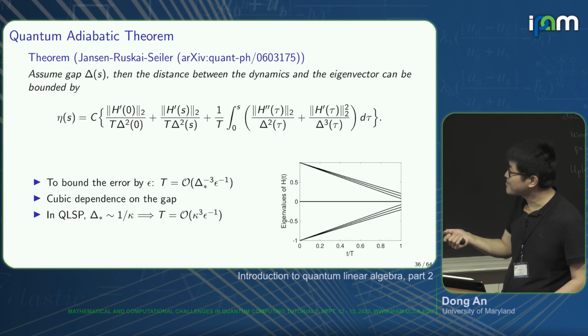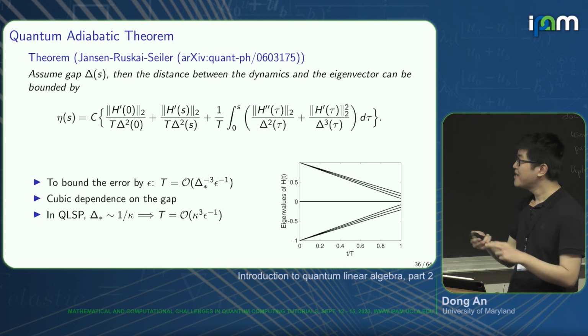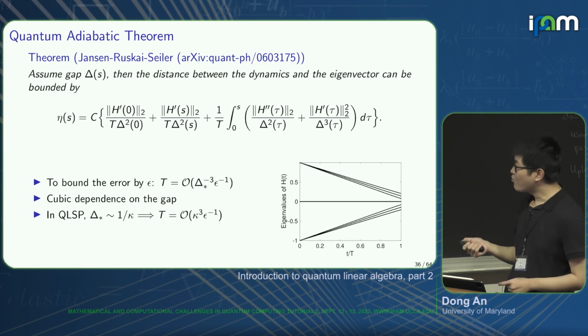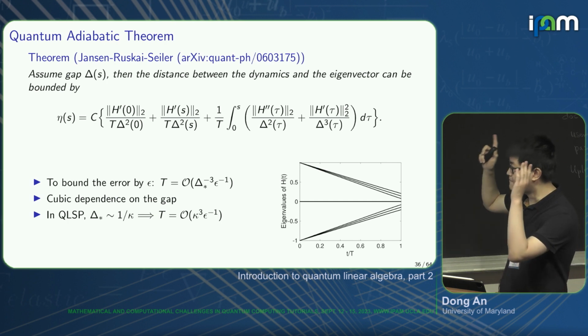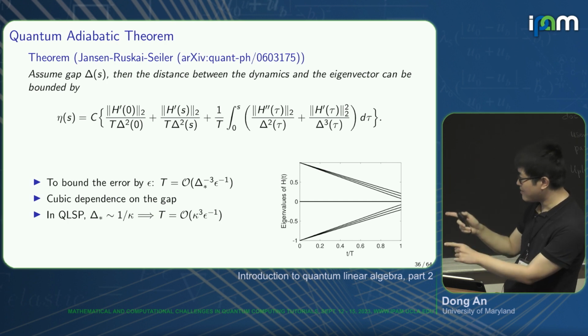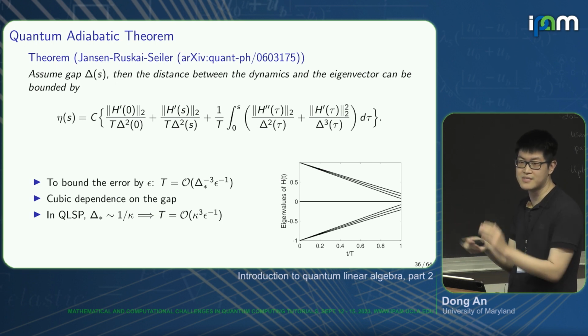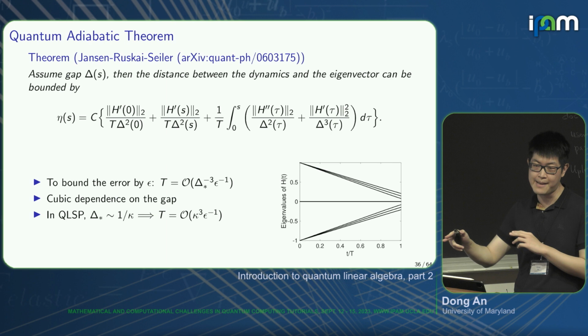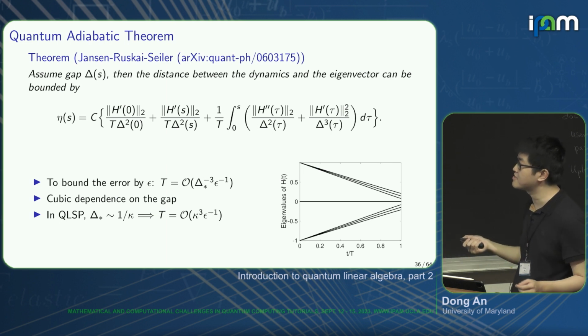On the numerator, we have the derivative of my Hamiltonian H, which means that when the gap is small, if I slow down my Hamiltonian, that is, make the derivative of my Hamiltonian smaller at the point where the gap is very small, then probably I can cancel some gap dependence. I can probably get some better dependence in terms of the gap.